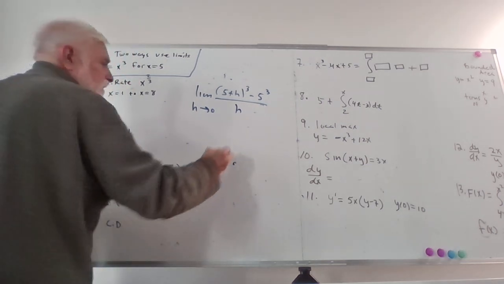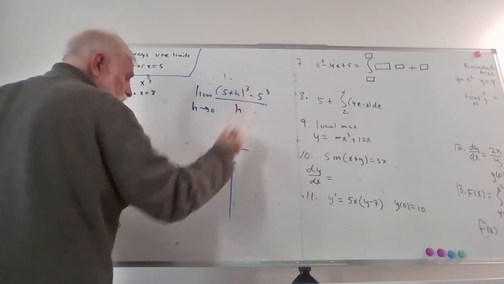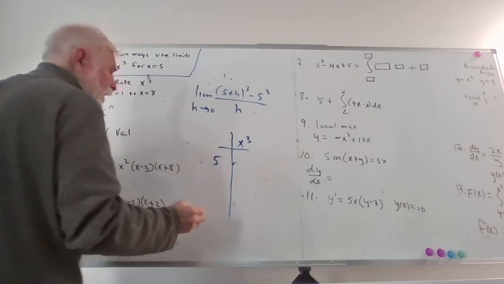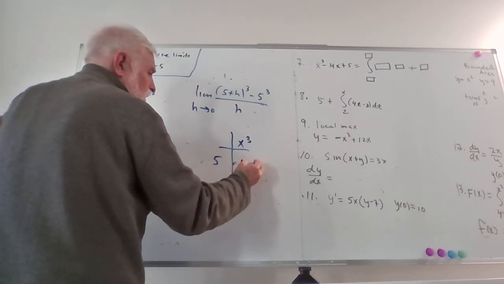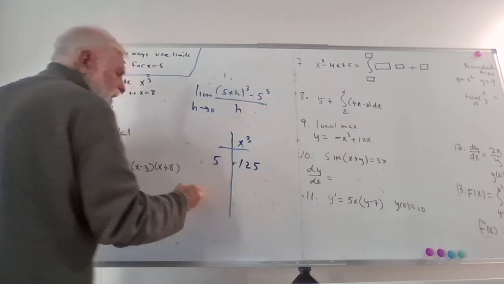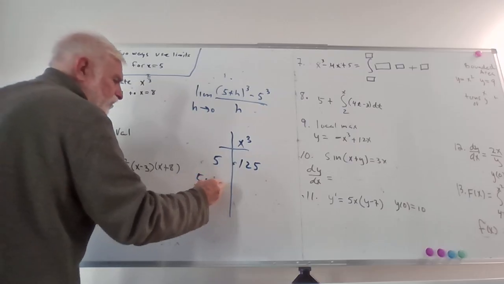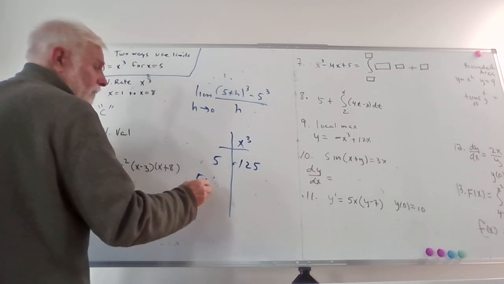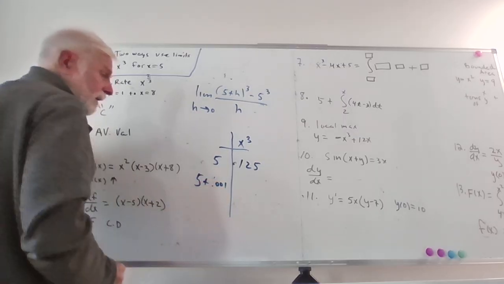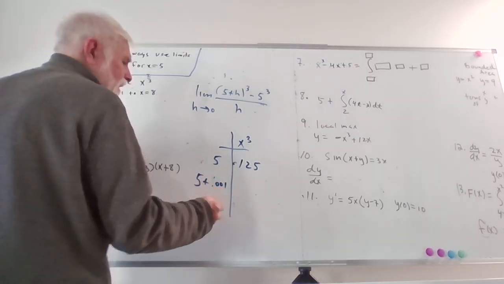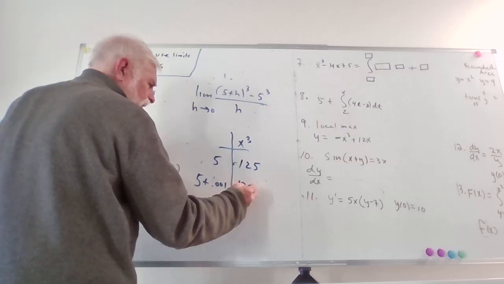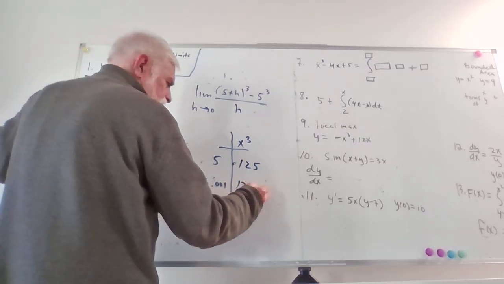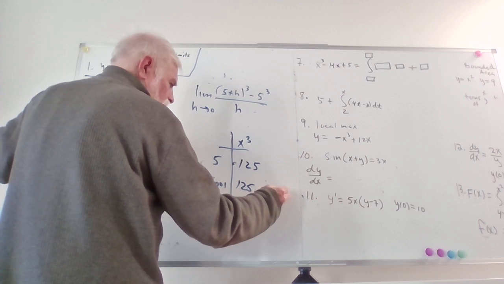In other words, if we were looking at cubing, and I took 5 and I cubed it, I get 125, which shows up there. And if I did 5 plus h, and h goes to 0, so 5 plus 0.001, and I cube that, I would get 125.075. Let's see, I got to get 9 zeros here.